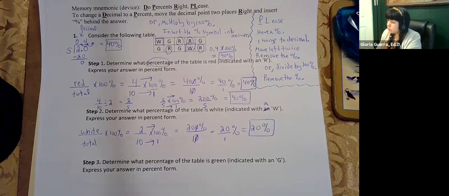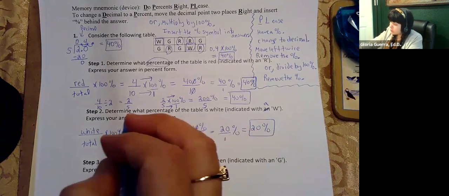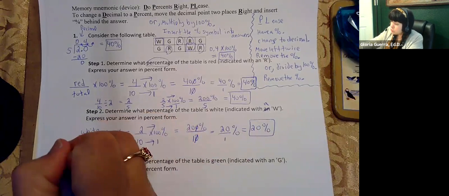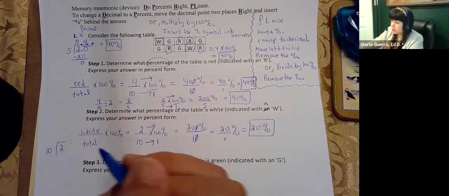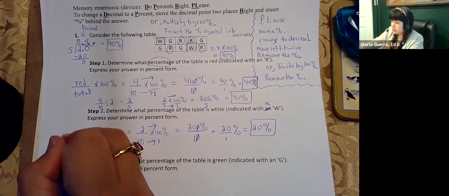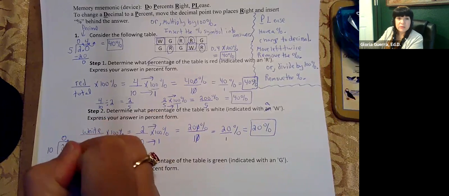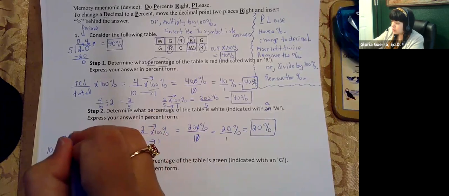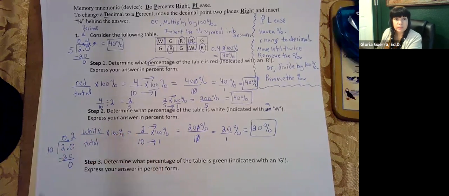If you wanted to show 2/10 as a decimal, you could show dividing, 2 divided by 10. 10 doesn't go into 2, so 0 times, but if you add a decimal and you pull it up and you add a 0, 10 goes into 20 twice. 10 times 2 is 20, remainder 0.